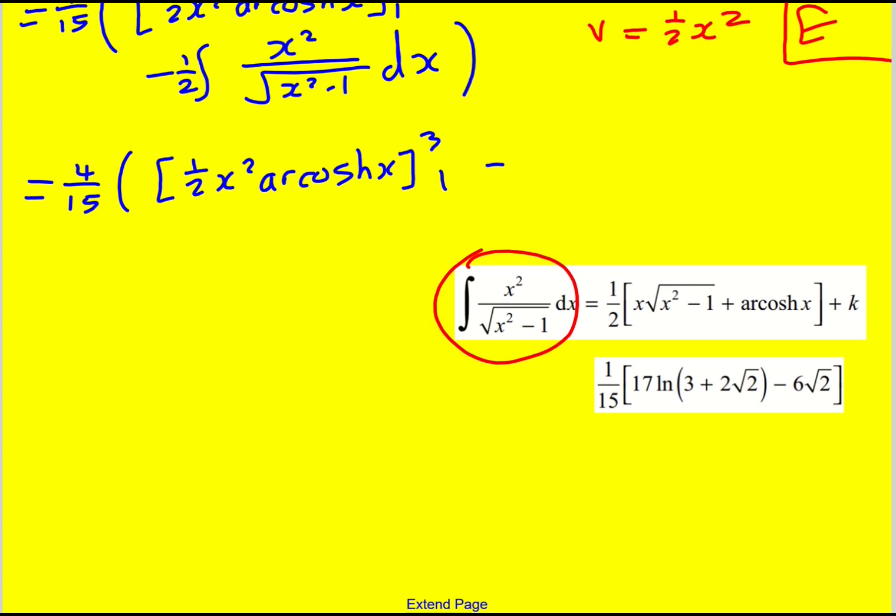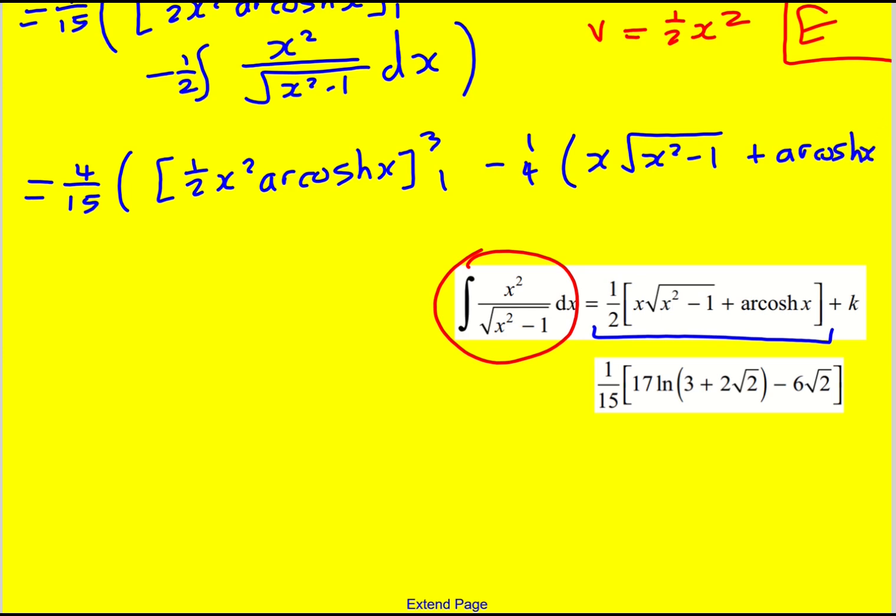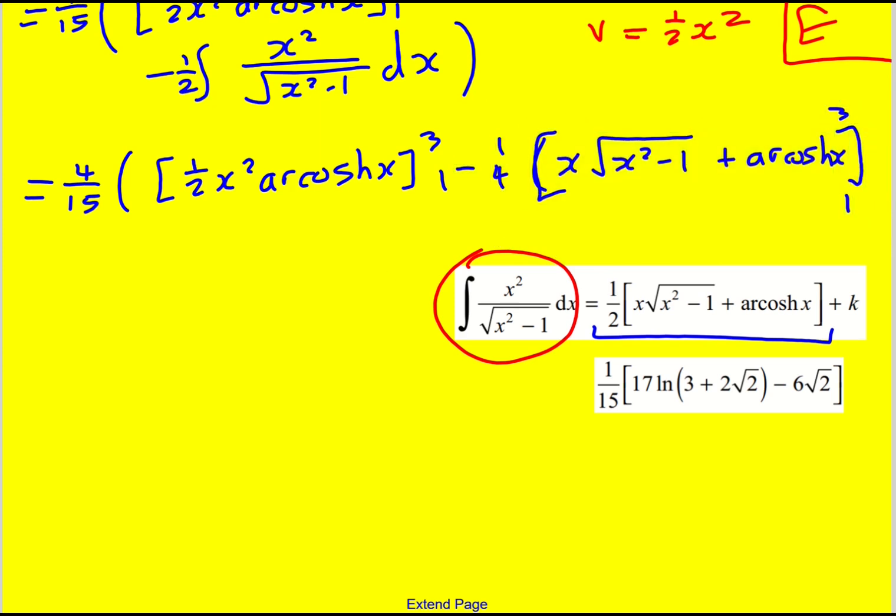I know that it's going to be minus a half multiplied by this. So actually minus a quarter bracket x squared minus 1 plus arcosh x. And sorry, that is also evaluated between 3 and 1. And don't forget, this is also being multiplied by 4 over 15. So there we go. We can just go straight to that.